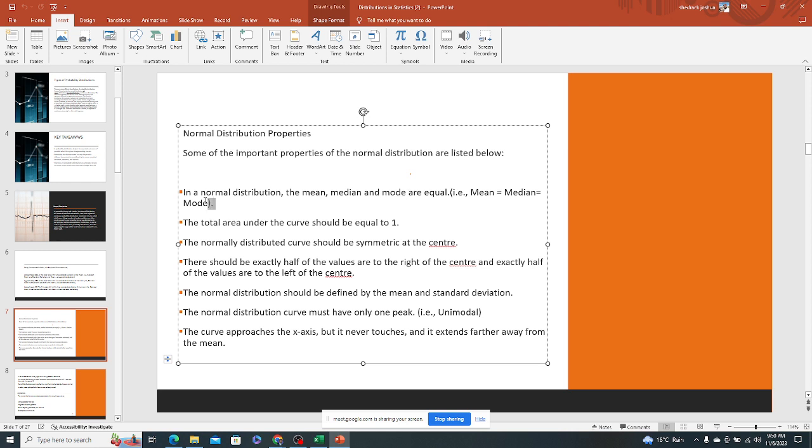This is the major property of a standard or perfect normal distribution. And then the total area under the curve is equal to 1.